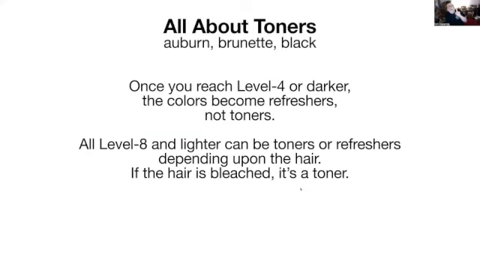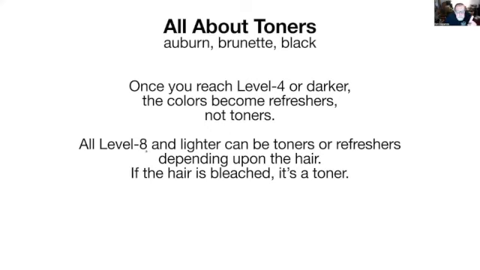Now let me talk about auburn, brunette, and black. Once you reach level 6 or darker, which is a dark blonde for almost all colors in the color world, the colors become refreshers, not toners.